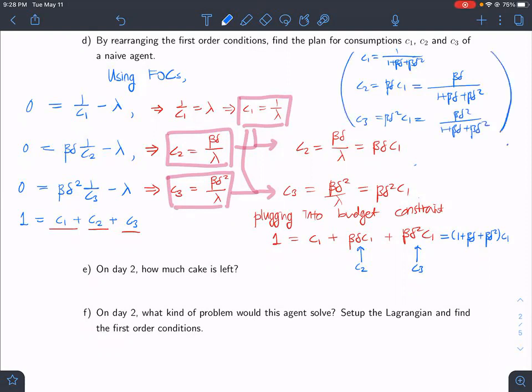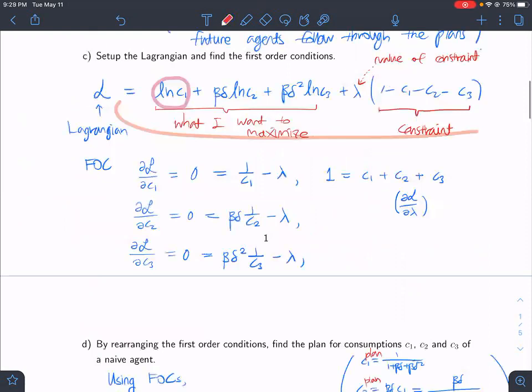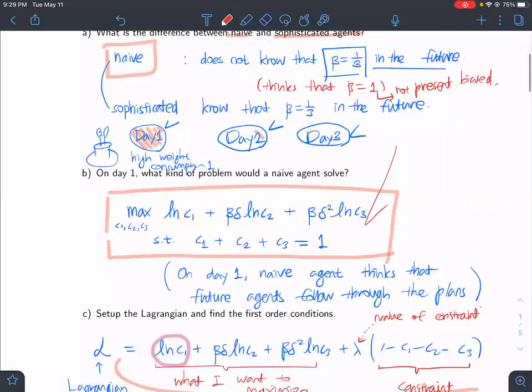Okay. So what is this? This is the plan of consumptions of a naive agent. He is thinking that when I solve this problem, day 2 and day 3 guys will follow through my plan.